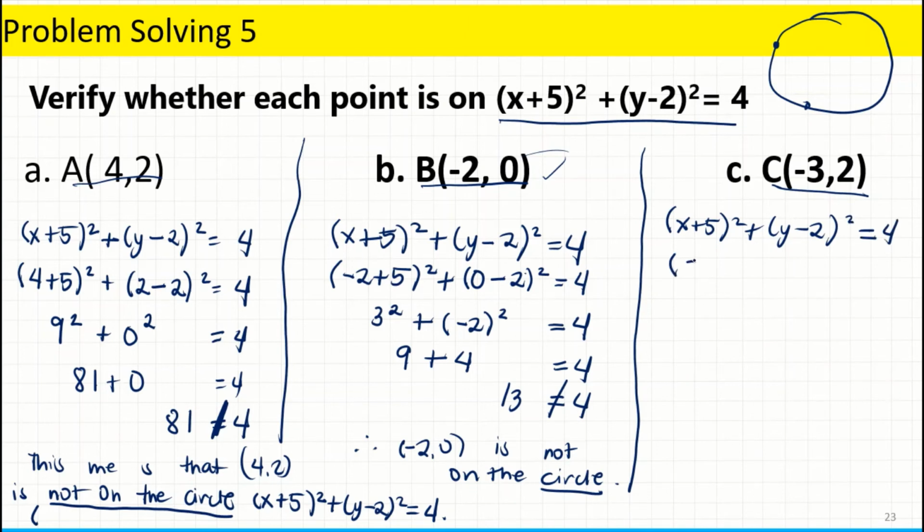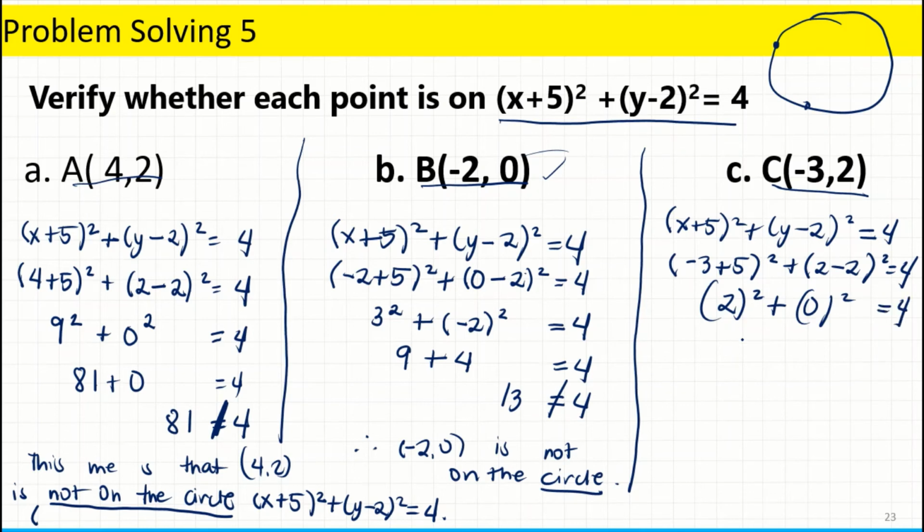Then, ang x natin is negative 3 plus 5 squared plus 2 minus 2 squared is equal to 4. Negative 3 plus 5 is equal to 2 squared, plus 2 minus 2 is equal to 0, then squared, is equal to 4.